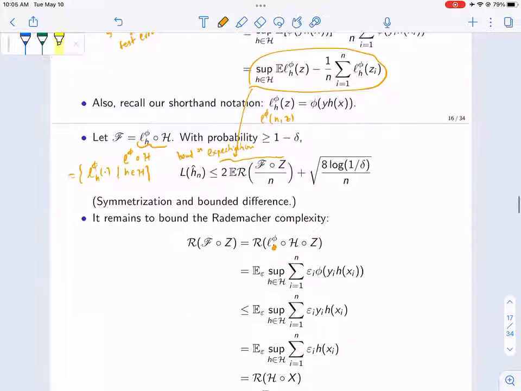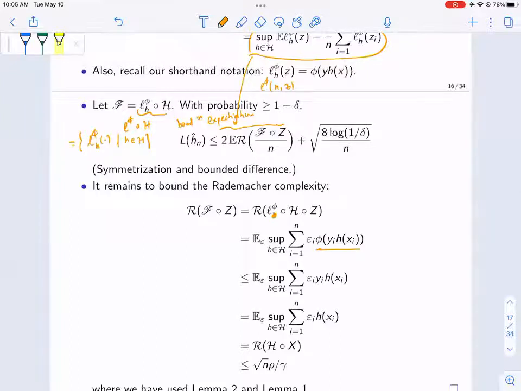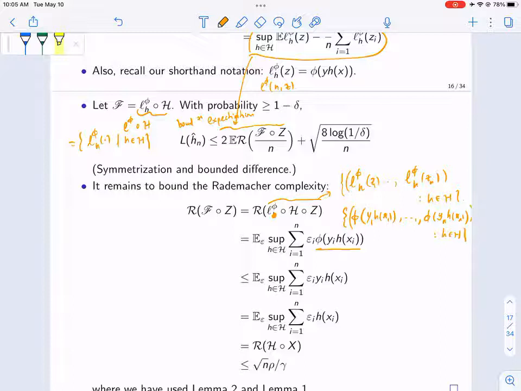If you just expand, what this turns out to be is just the set of all vectors that look like, remember, L_phi(h, Z1) up to L_phi(h, Zn) as h varies in H. But in our case, it's just phi(y1 h(x1)) up to phi(yn h(xn)) as h varies in H. So if you look at the Rademacher complexity, you have to multiply each one of these by an epsilon. And so that would be the Rademacher complexity.